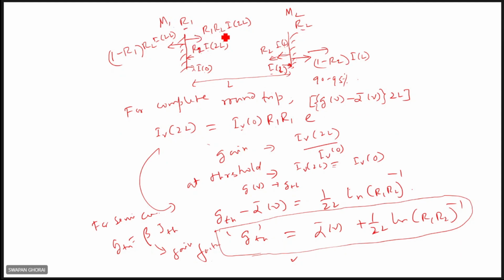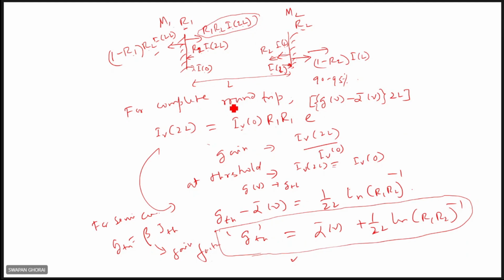So it will be R1 R2 into I of twice L, and the transmitted component will be 1 minus R1 times this one. So this is the final intensity after reflection.